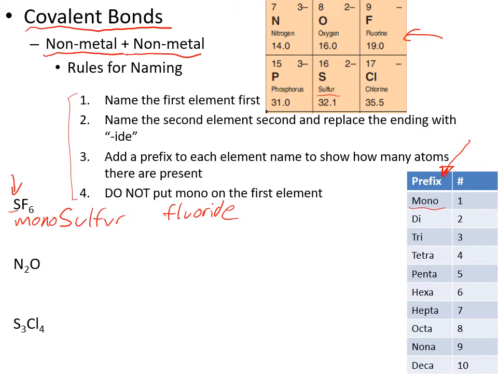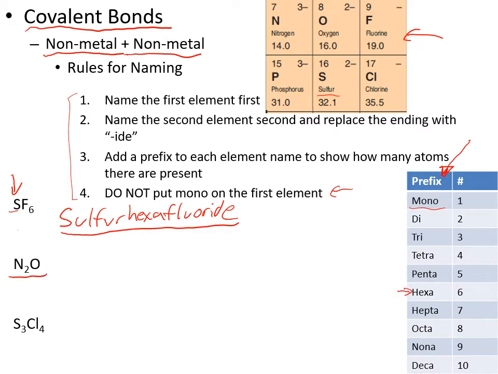We have 6 Fs, and we look up the number 6 right here, and it's called hexa. So monosulfur hexafluoride. Now the very last rule, which I did on purpose, says do not put mono on the first element. So we need to erase that. Mono on the second one is fine. So the final name of this is sulfur hexafluoride.